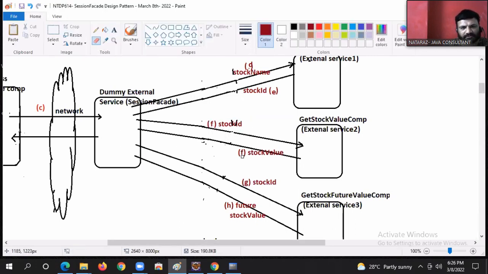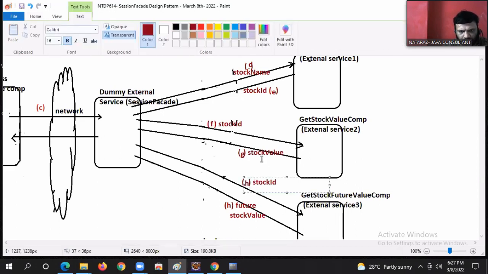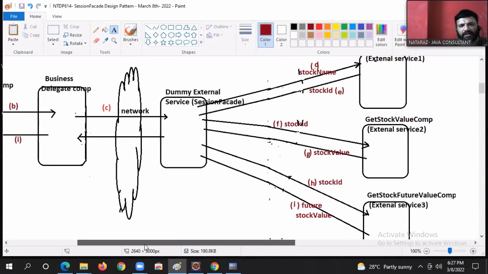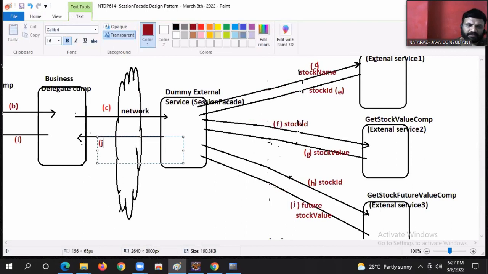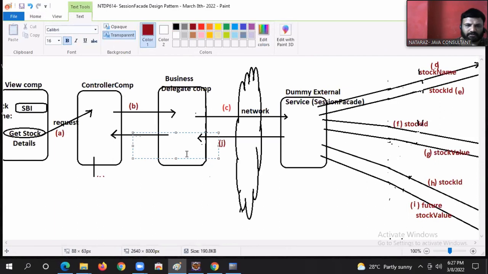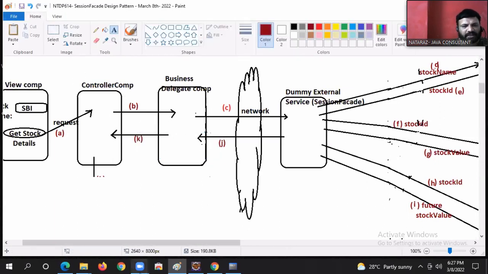G here. Here is my H. Here is my I. Here is my J. Here is my K.